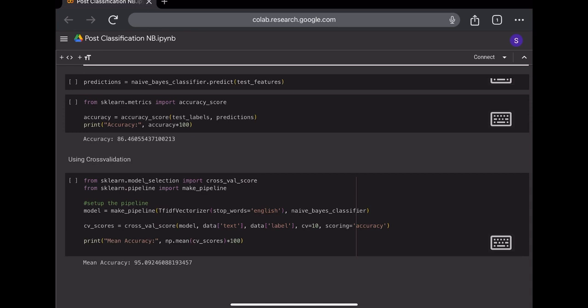And for that, I've used cross validation, like tenfold cross validation, and for that I got a mean accuracy of 95%. Thank you.